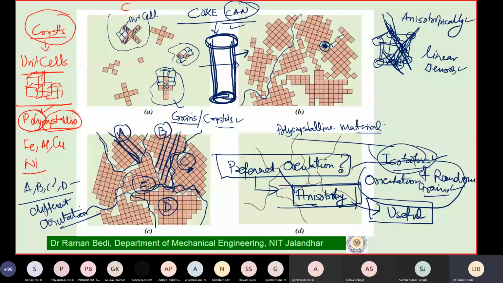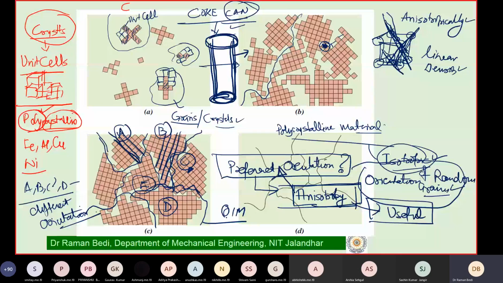Actually, there is a complete topic or subject called OIM, orientation imaging microscopy. So you can find the orientation of grains in polycrystalline materials using a microscope. OIM is a technique which we use.